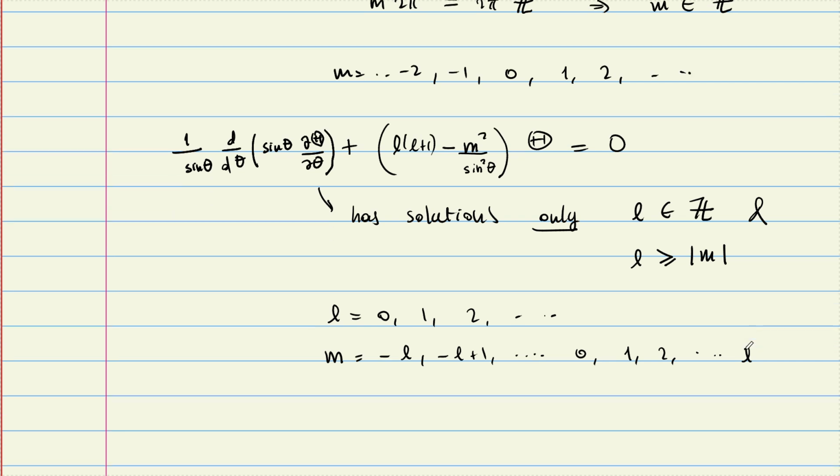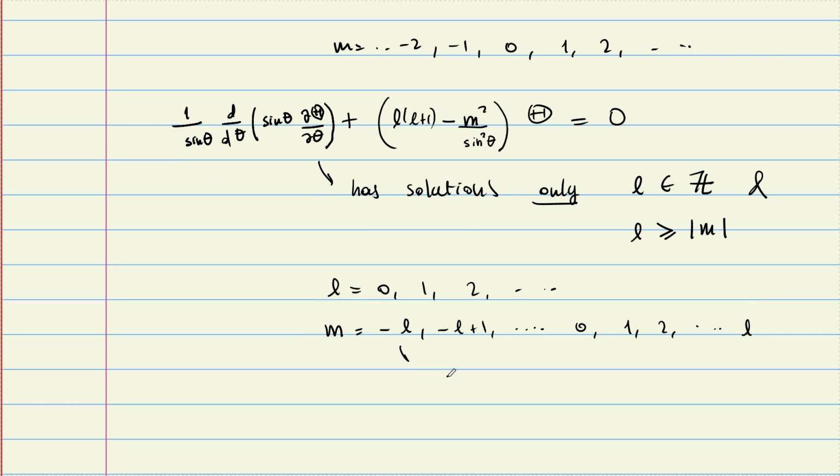They are in total from minus L to L. There are in total 2L plus 1 different m options.